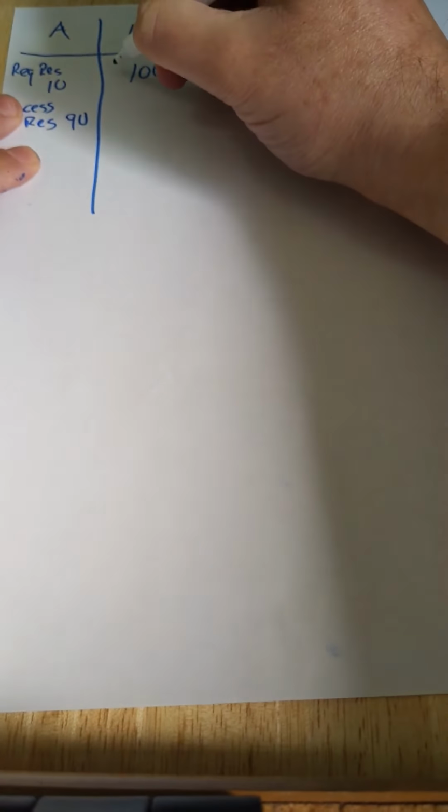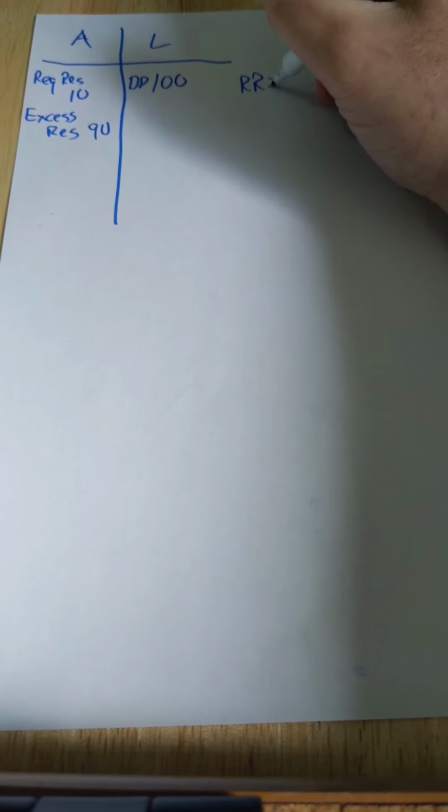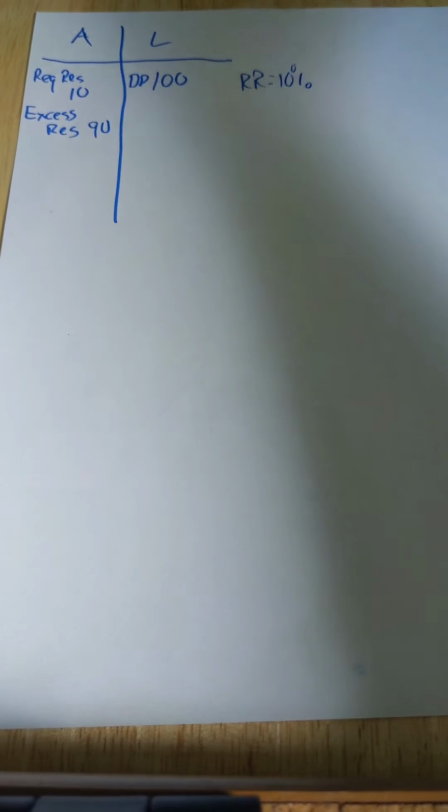They actually, demand deposits. They actually separate out the required reserves and excess reserves as two separate categories. And that's fine. So in this case, if the reserve rate is 10%, it would look like this.